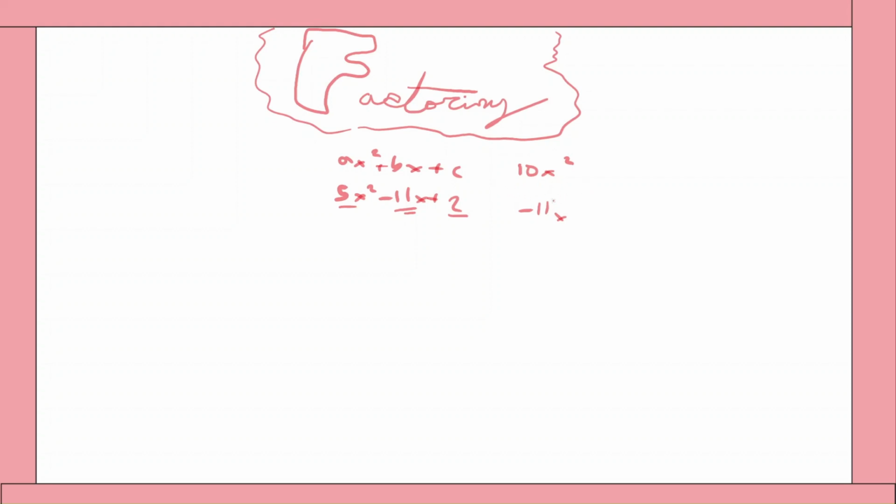So what numbers could we multiply to give us 10x squared, but add up to give us a negative 11x? Well, we could try 5 and 2. 5 by 2 do give us 10, but we can't get that to equal 11 in any way. So that can't be it. Okay, so let's try another one. How about 10 and 1?